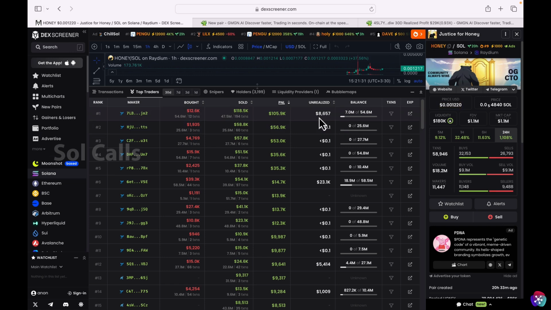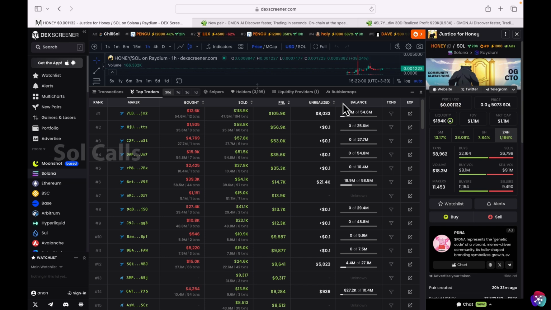For example, if you buy a token and the price of that token doubles, it gives you a 2x, and you haven't sold that, your unrealized profit is something around 100%. And when you sell that token, that unrealized profit will turn to realized profit. That's the difference.